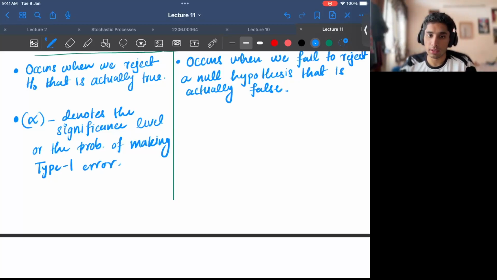So it is basically the probability of rejecting the null hypothesis when it is actually true. What is the probability of type 1 error? That is denoted by alpha.